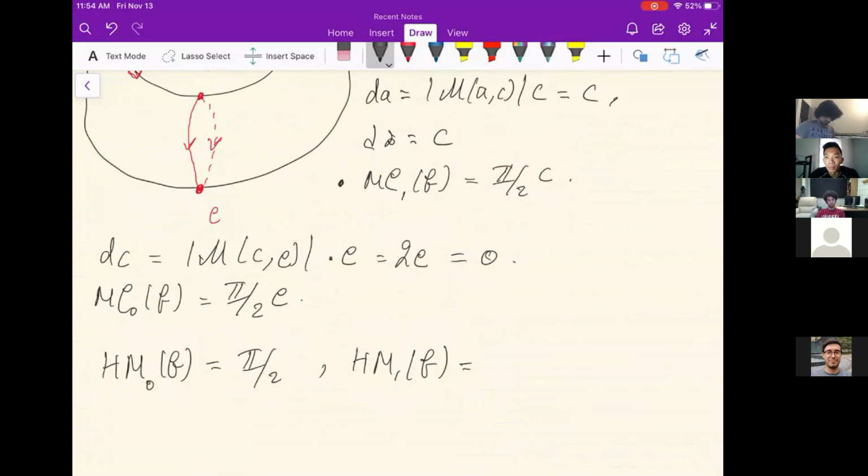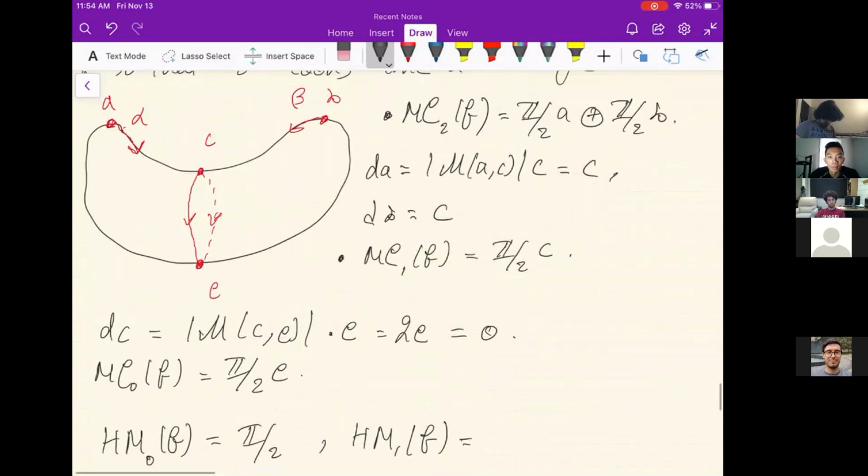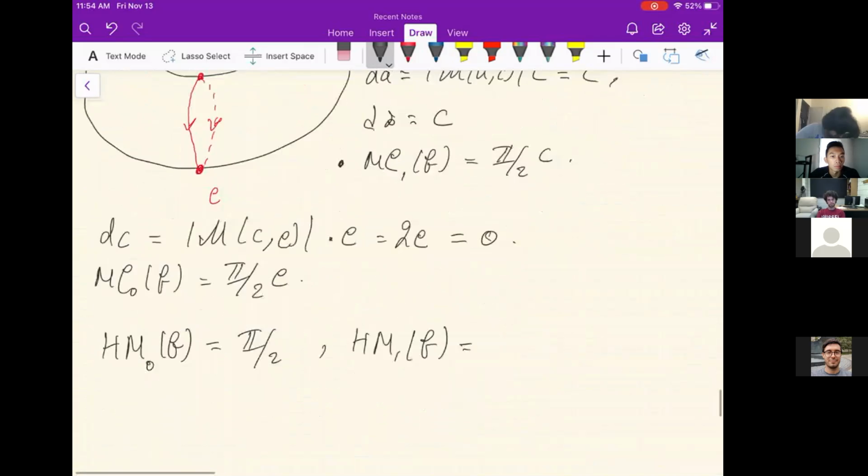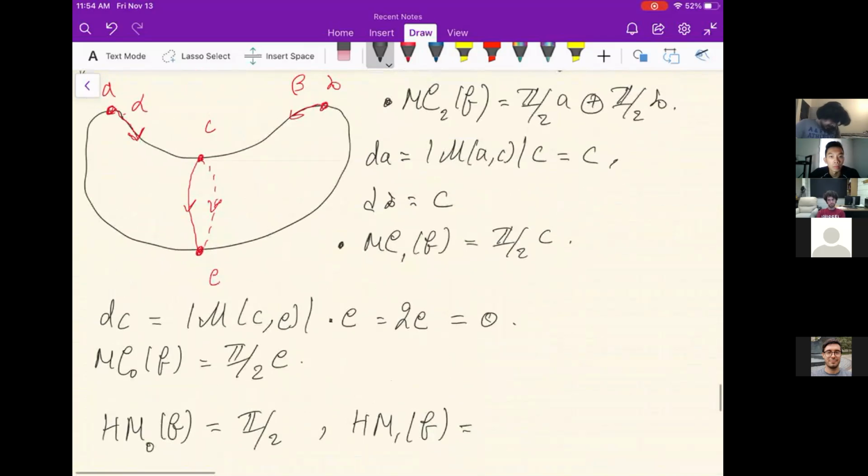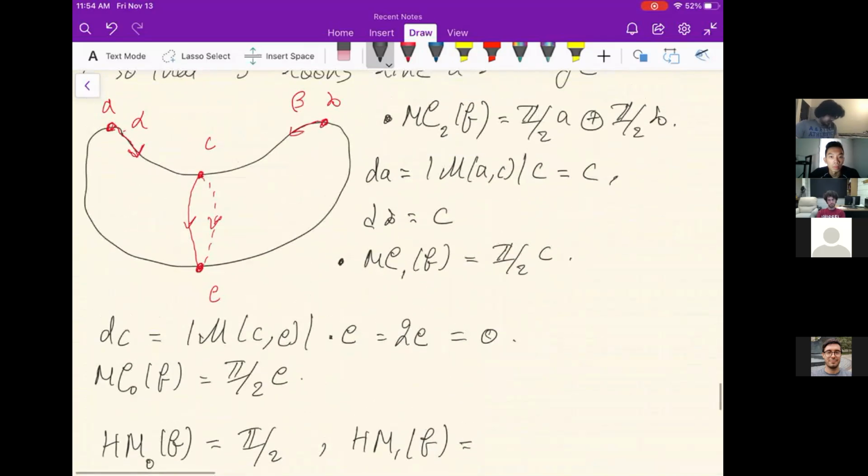Sorry, another question. You can go from A to E following minus the gradient, right? Yes. Why are we not considering E in the differential of A? Basically, when I want to compute the differential, I consider the moduli space between two points where the index varies by 1.